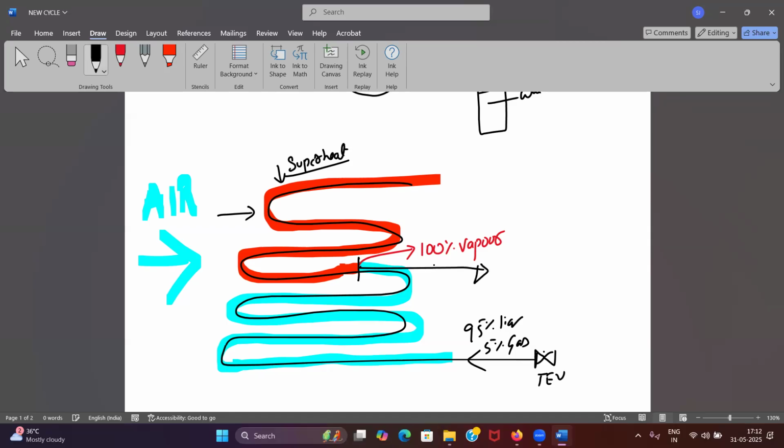This much was enough for me. 100% vapors already has become, but I am making sure there is no possibility that liquid should go back. That is why I've given a longer coil so that some part of it can act as superheat. Is it clear?